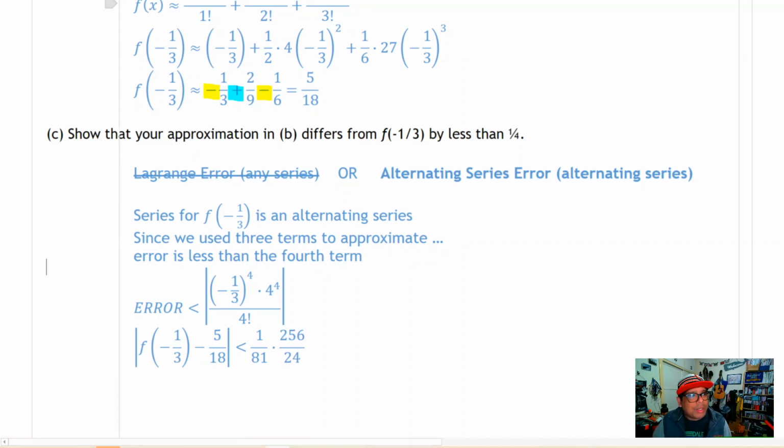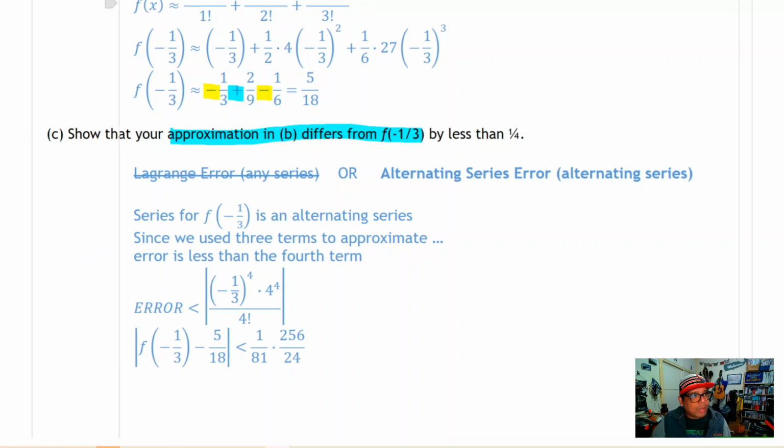Now, since the question asks that the approximation differs from f of negative 1/3, we're going to re-express error as f of negative 1/3 minus the answer that we got from letter B, so f of negative 1/3 minus 5/18. Don't let that fool you. That's just the same thing as error. So error is less than, and then we simplify a little bit to get 1/81 multiplied by 256/24.